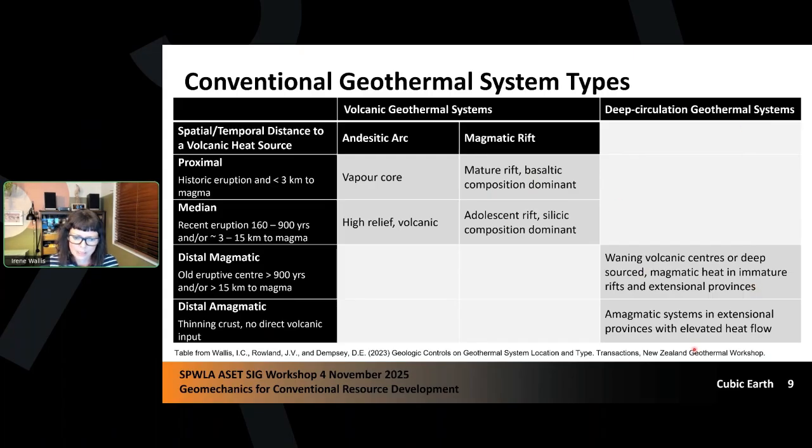Over in deep circulation systems, you're either looking at waning volcanic centers, which are a little bit less common, or extensional provinces with elevated heat flow, like the Western US Basin Range province. And in those cases, faults play a tremendous role in how fluid's getting around and up to the near surface where it can be developed.